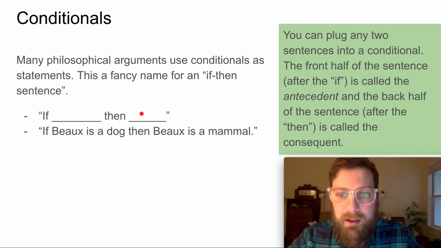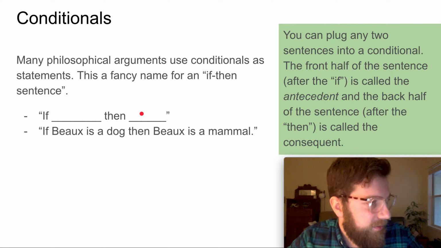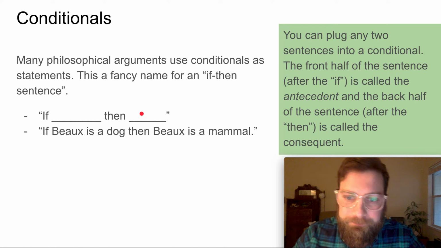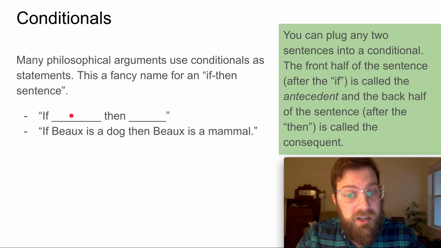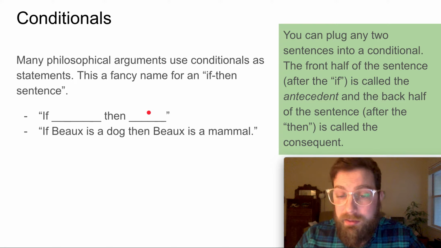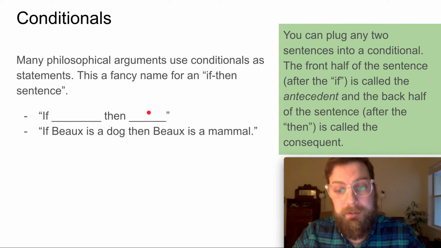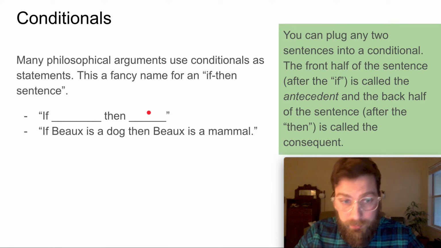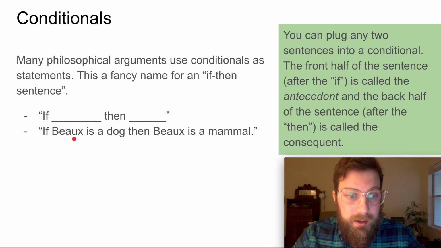It's just that a lot of randomly chosen sentences are going to create false conditionals, right? So you could put in, if the sun is shining today, then the moon is made out of cheese, right? But you could put any two random sentences in. But when you have a true conditional, then the antecedent is going to be sufficient for the consequent, right?